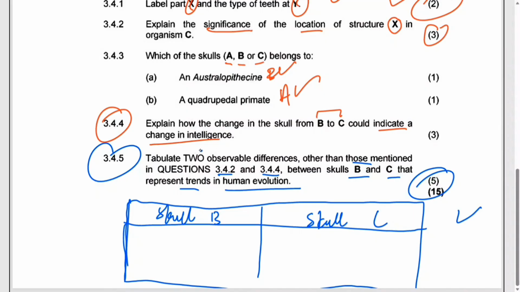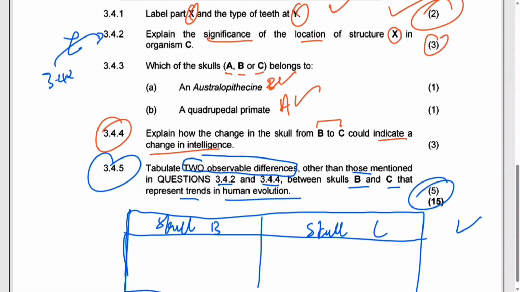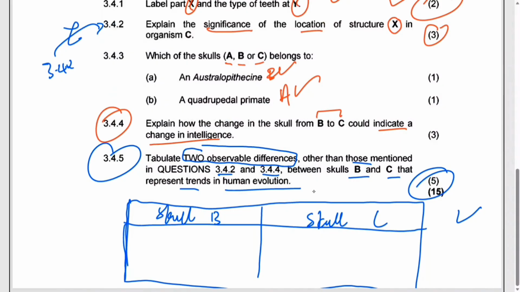So let us go back to the question. They say tabulate two observable differences other than those mentioned in 3.4.2, meaning we are not going to talk about the foramen magnum. If you mention the foramen magnum, you are gone, because in 3.4.2 we mentioned it.